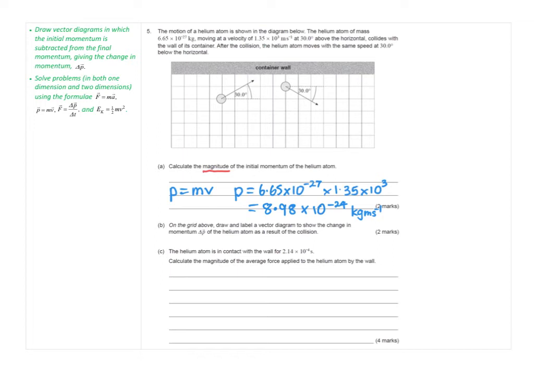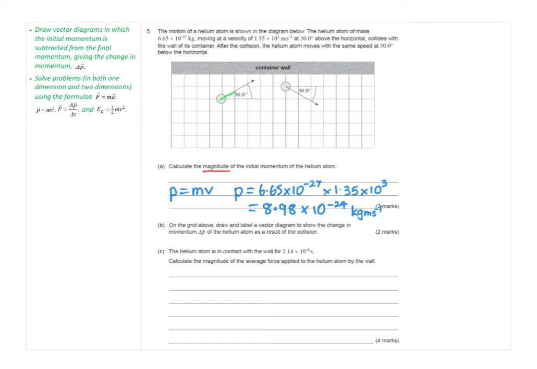Part B. On the grid above, draw and label a vector diagram to show the change in momentum, delta P, of the helium atom as a result of the collision. So the speed doesn't change, so the length of the momentum vector before and after will be the same. So if we draw in, let's do a different colour there, let's do green for initial.